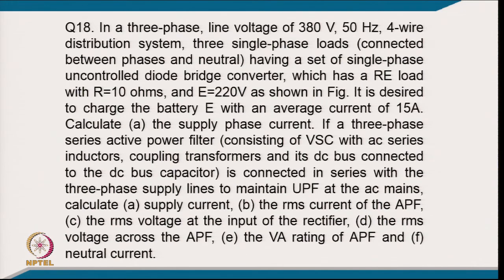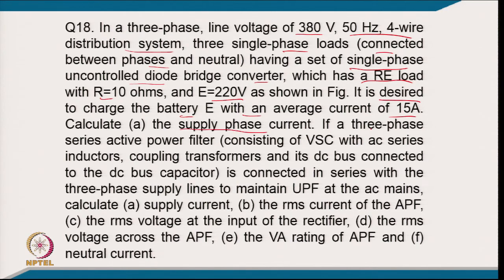Coming to problem number 18: in a 3-phase line voltage of 380 volt, 50 hertz, 4-wire distribution system, there are 3 single phase loads connected between phase and neutral, each a single phase uncontrolled diode rectifier converter with an RE load of R equal to 10 ohm and E equal to 220 volt, as shown in the figure. It is desired to charge the battery E with an average current of 15 ampere.